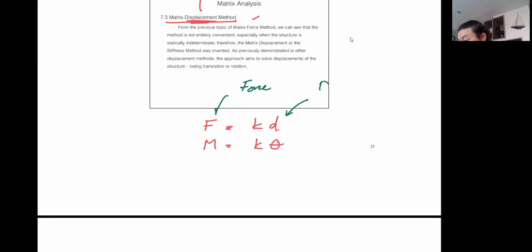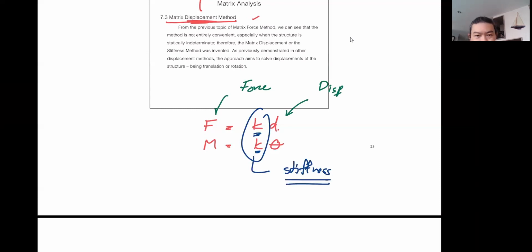On the right, this is the displacement. Something in between that connects the force with the displacement is what we call the stiffness. That's why I have always emphasized your ability to recognize the stiffness of the structure that you are dealing with. Okay, so every structural analysis is in this kind of form.